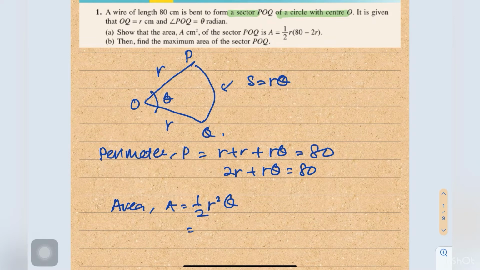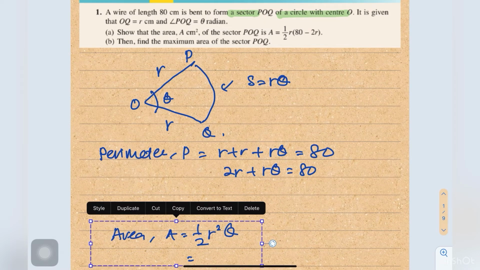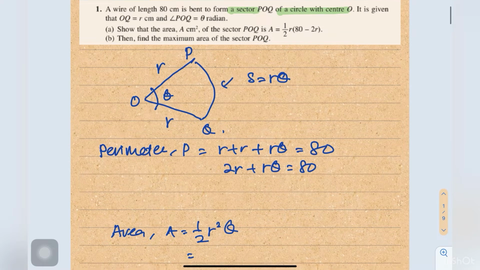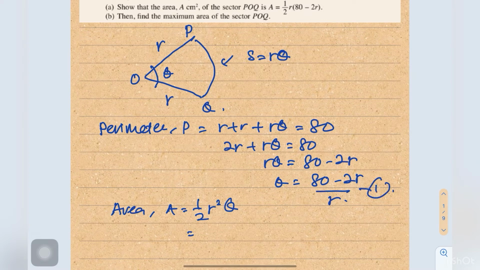Therefore you have to substitute theta. From the first equation, you make theta the subject. So R theta equals 80 minus 2R, so theta equals 80 minus 2R over R. This is the first equation, and this is the second equation.